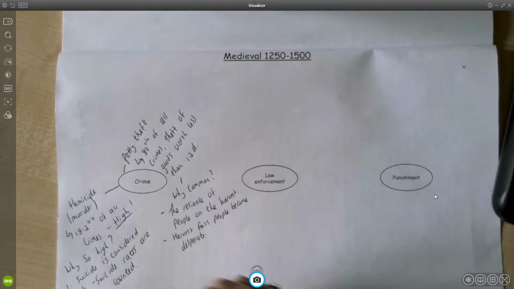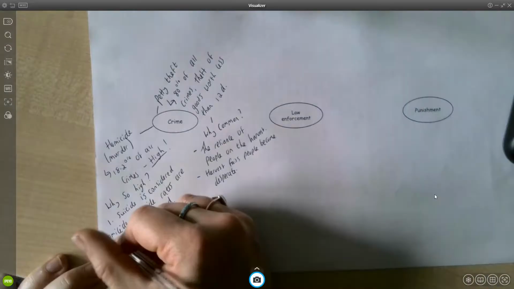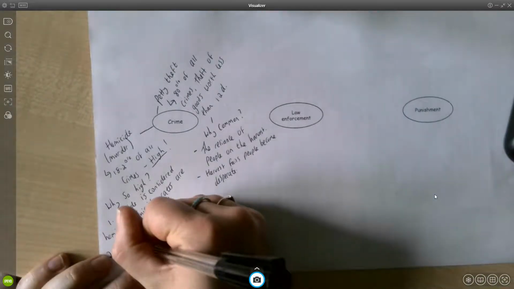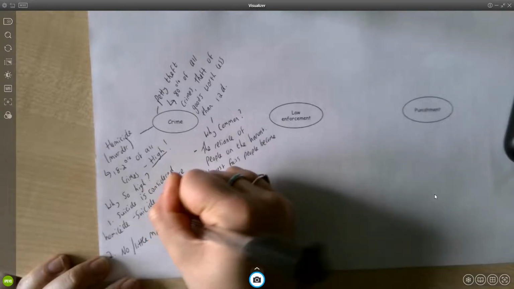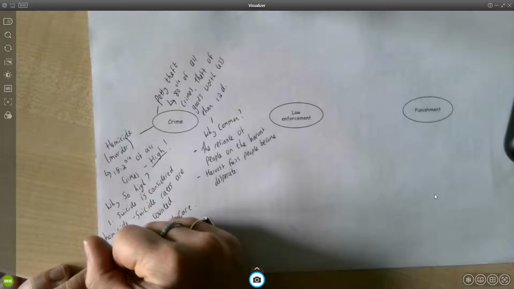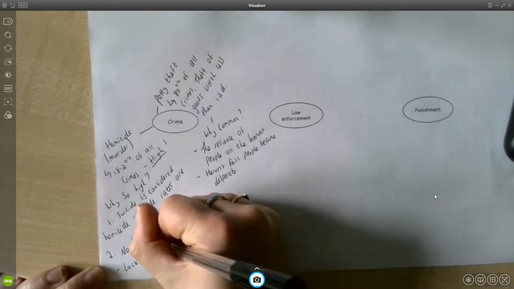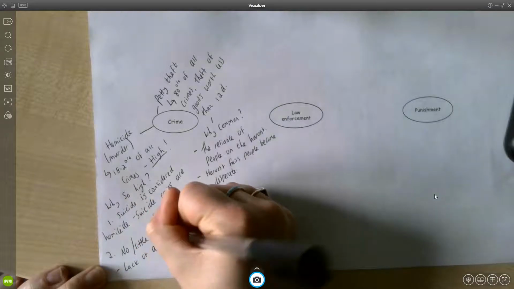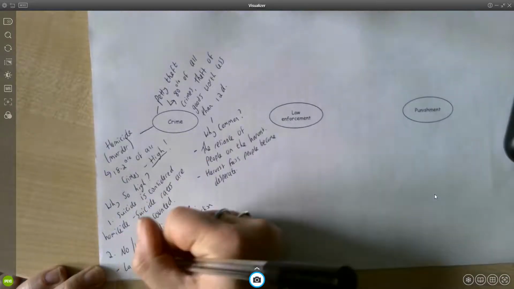Number 2, there is also no or very little medical care. So there is a lack of awareness of infection and effective medical care.